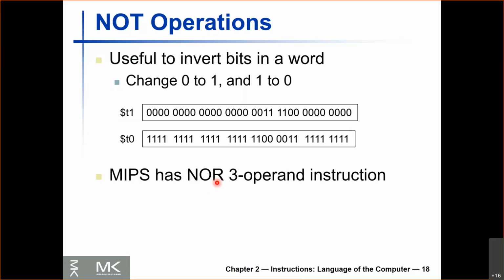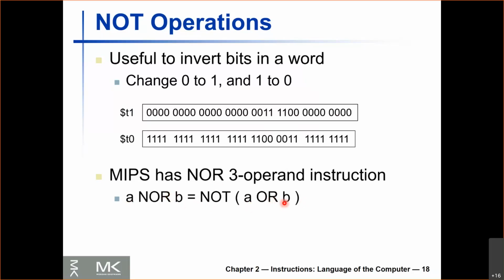Okay, so yes, as you guys are observing, the way to implement NOT using NOR is as follows. We know that A NOR B means not (A or B). So if I want to compute not A, I can simply use NOR and pass A as one of the operands. And what do I pass as the second operand?